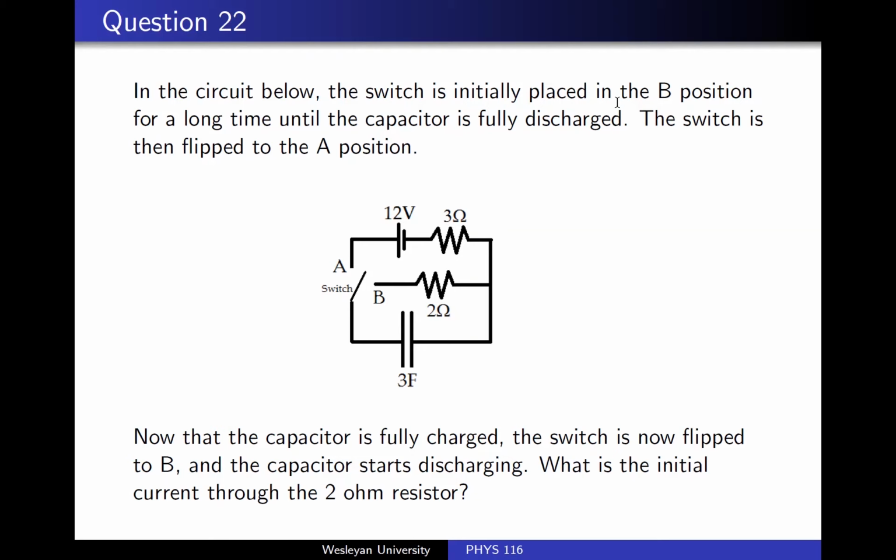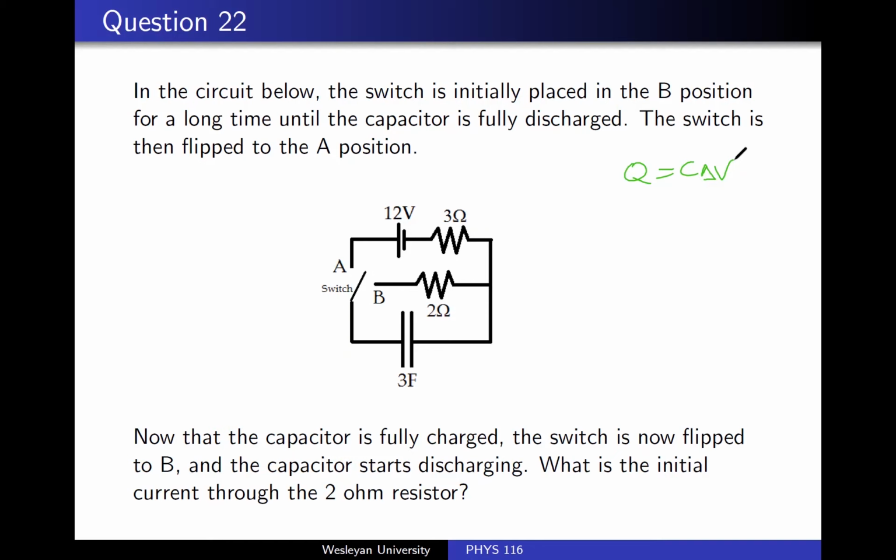We know that for a capacitor, the voltage is determined by the charge, according to Q is equal to C delta V. Now, when we flip the switch, the capacitor will start to discharge, but the charge on the capacitor can't change suddenly. After all, it takes time for the charge to move from the positive plate to the negative plate. So that means the voltage on the capacitor can't change suddenly either.